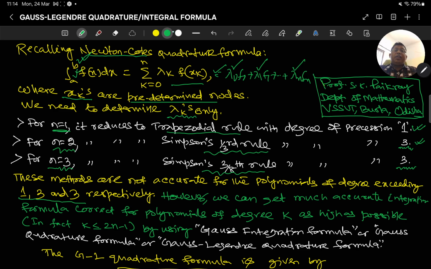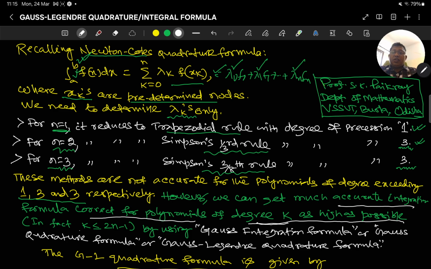However, we can get a much closer integral formula that is correct for polynomials of degree k as high as possible. The previous methods are restricted to degree 1, 3 and 3, and we make it large, the polynomial of degree k as large as possible.